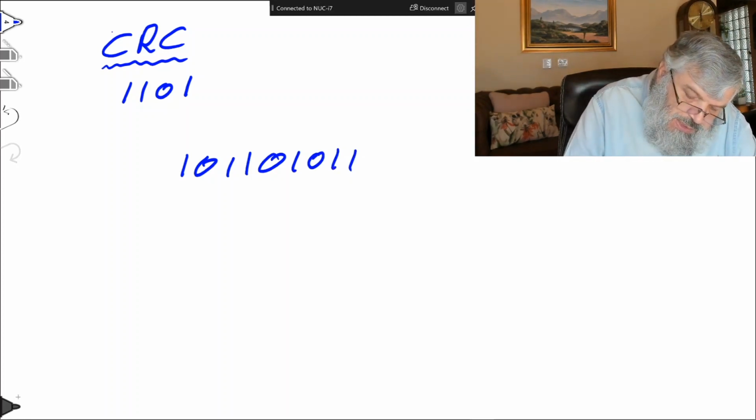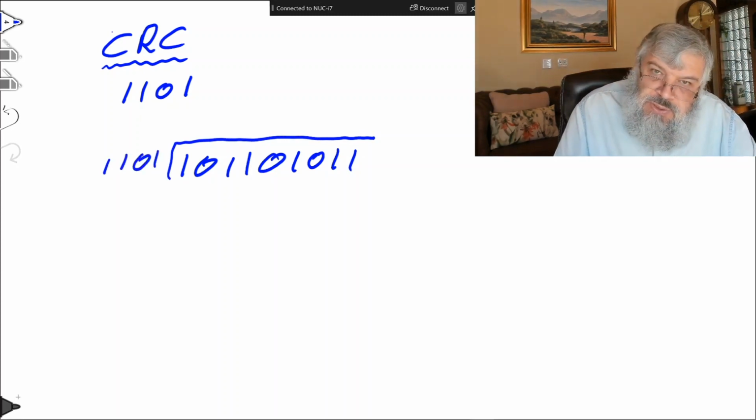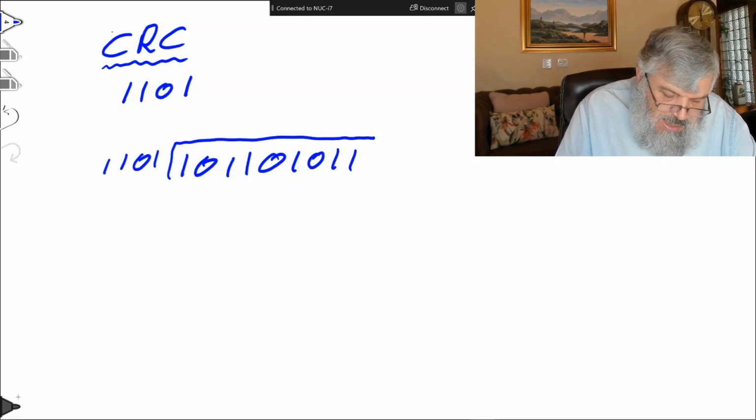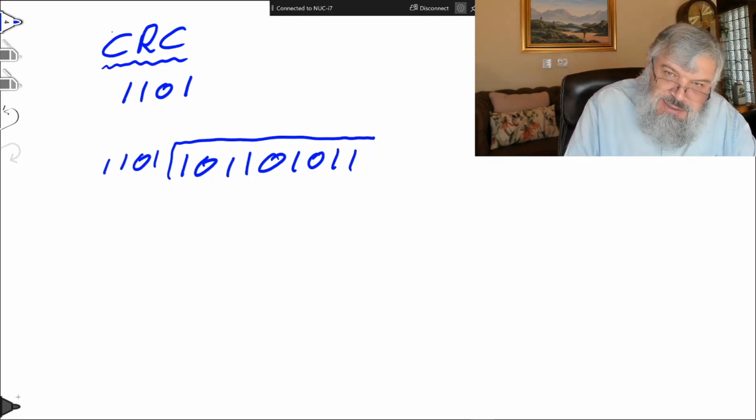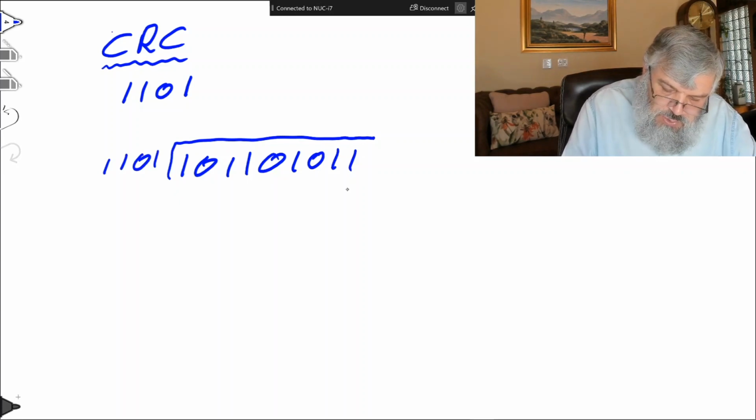What I will do is polynomial division, and I'm going to divide the 1101 into it. Now, in the end, I want to divide it into every bit, which means I also want to divide it into that final bit that I've got there just before the end point.